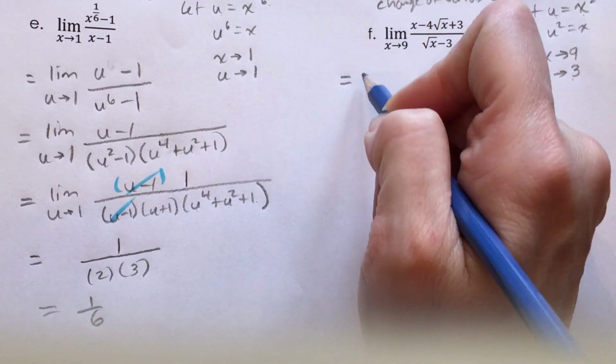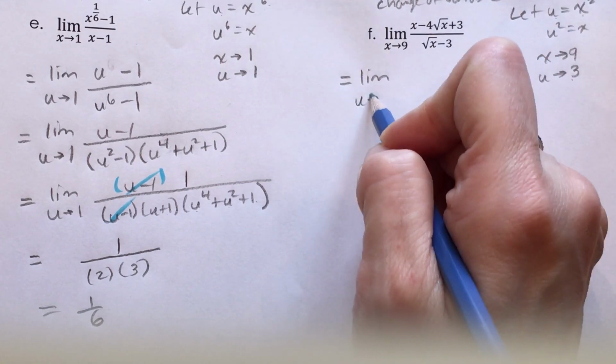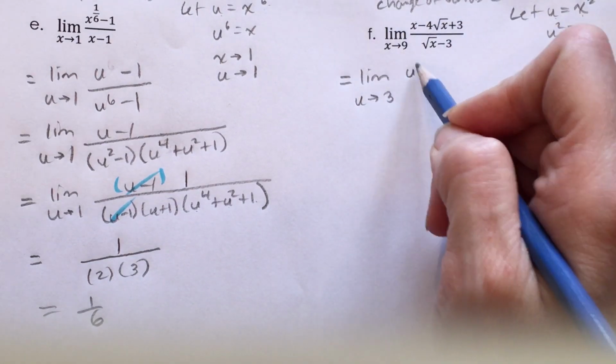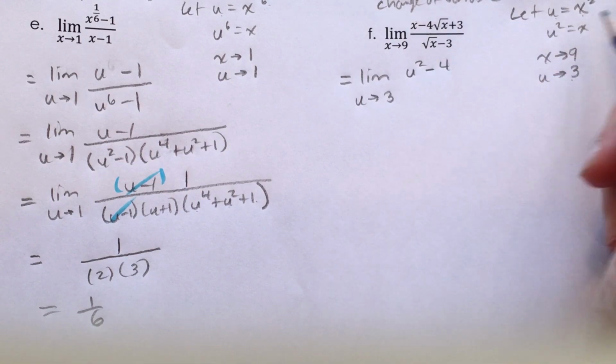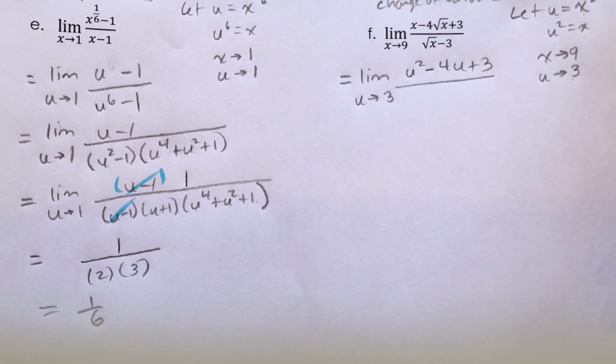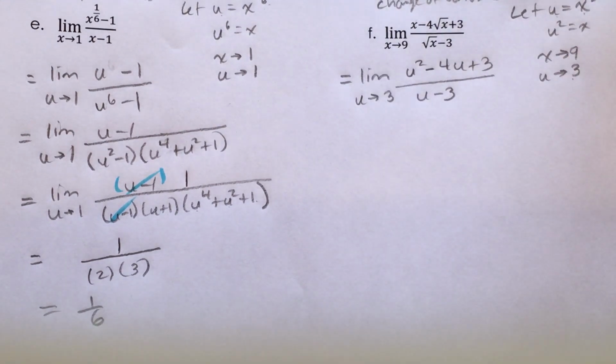So now we can change over our limit, so that's all in terms of u. So we're going to get limit as u approaches 3 of x, which we said was u squared, minus 4 root x, which we said was u plus 3, over root x, which is u again, minus 3.